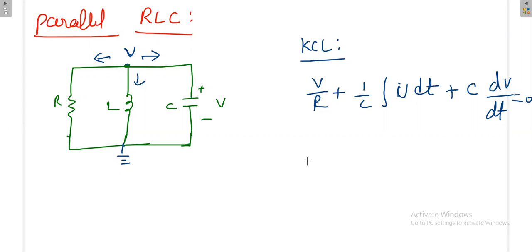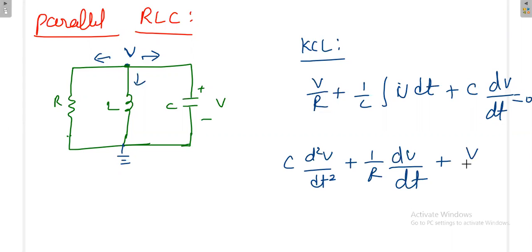Then you do one more differentiation. Then C d square V by dt square, plus 1 by R dV by dt, plus V by L, is equal to 0.